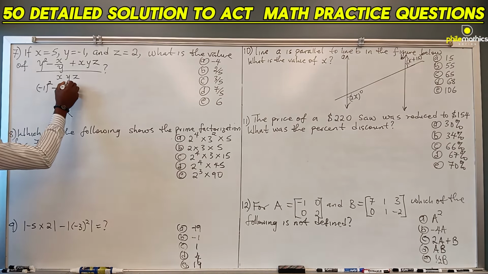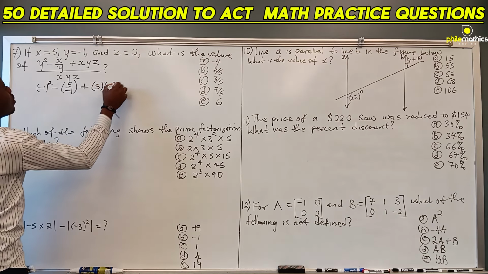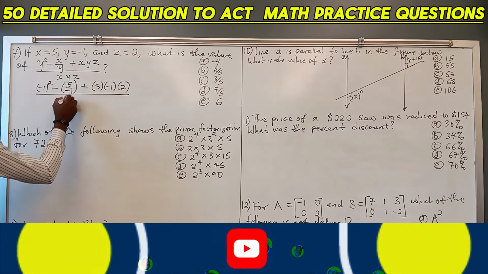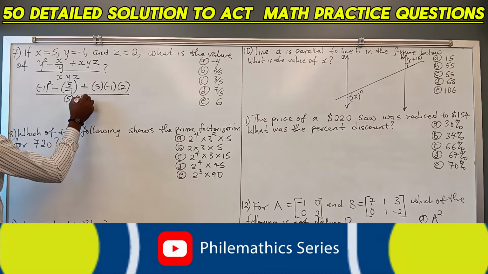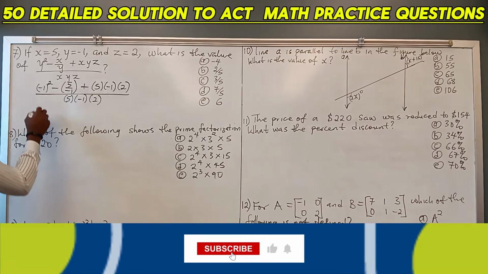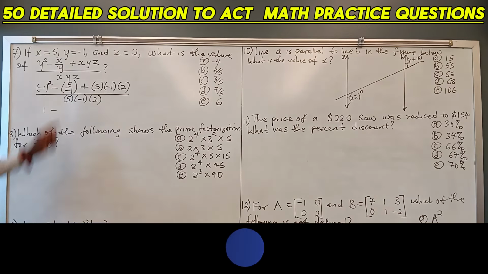We have 5 over minus 1 plus xyz, which will be 5 times minus 1 times 2, over xyz. Minus 1 squared is 1, and 5 over minus 1 is minus 5.